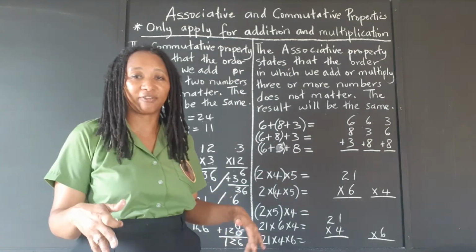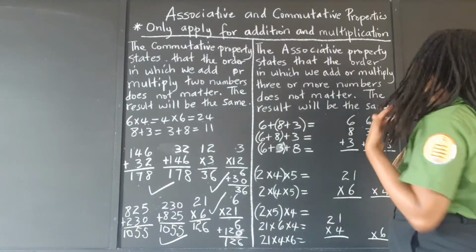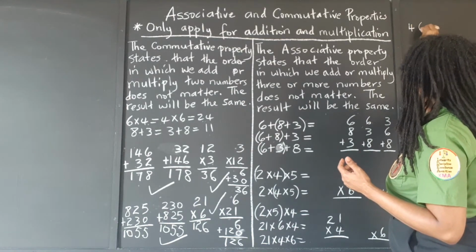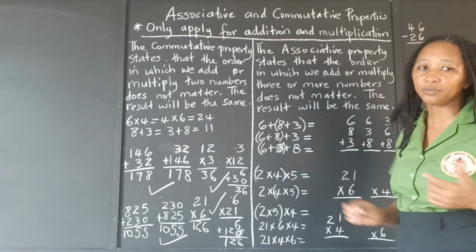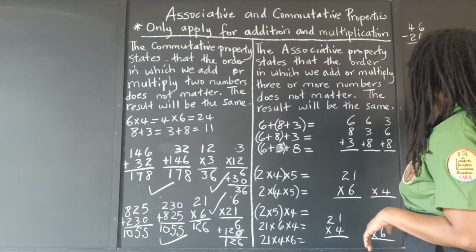Let's check it for subtraction. Suppose we had 46 take away 26. 46 take away 26, we would get 20.